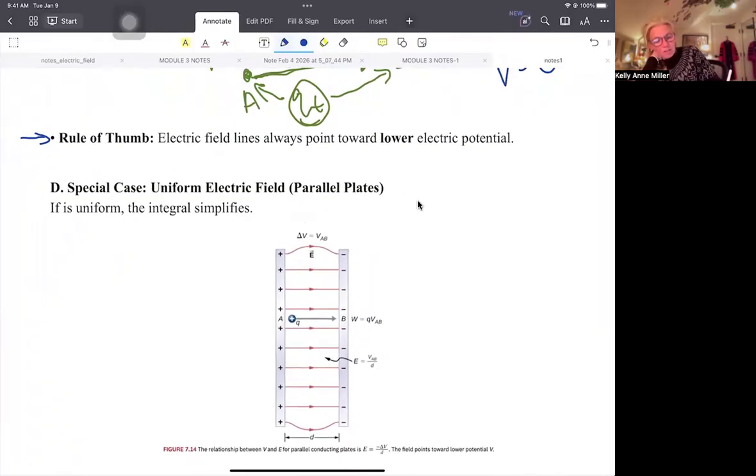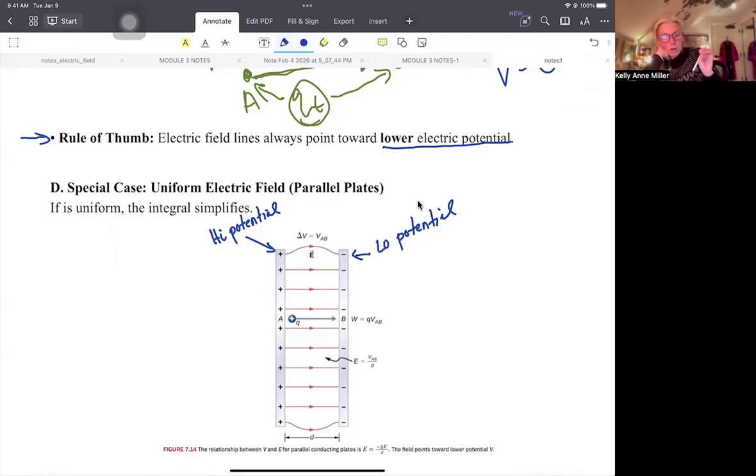The positive side of the plate would be referred to as high potential because it's positive, and this side of the plate would be referred to as low potential because it's negative. And the electric field lines, which are drawn in red in this diagram, always point from high potential towards the lower potential.